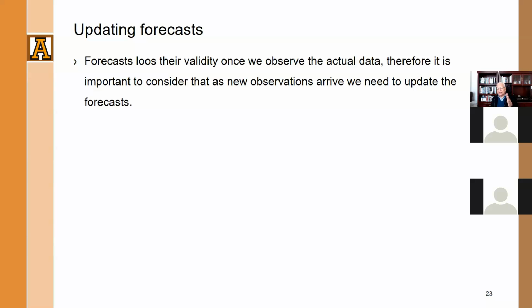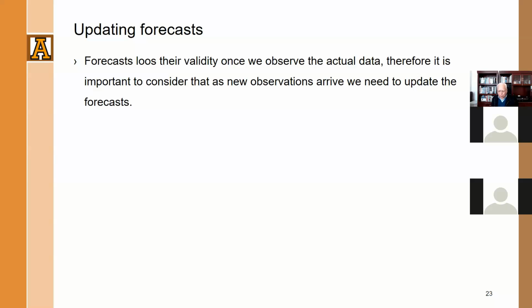As soon as the future data is observed, the forecasts that we made before lose their validity because we already have the actual data point. So the forecasts need to be updated.